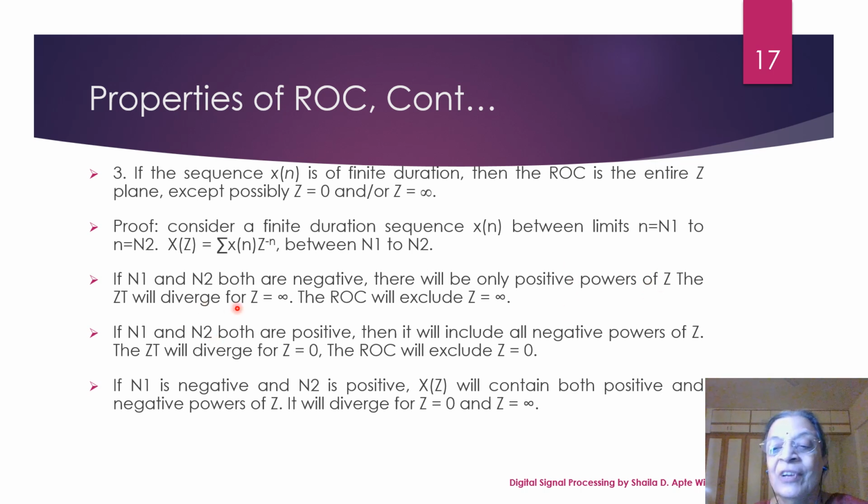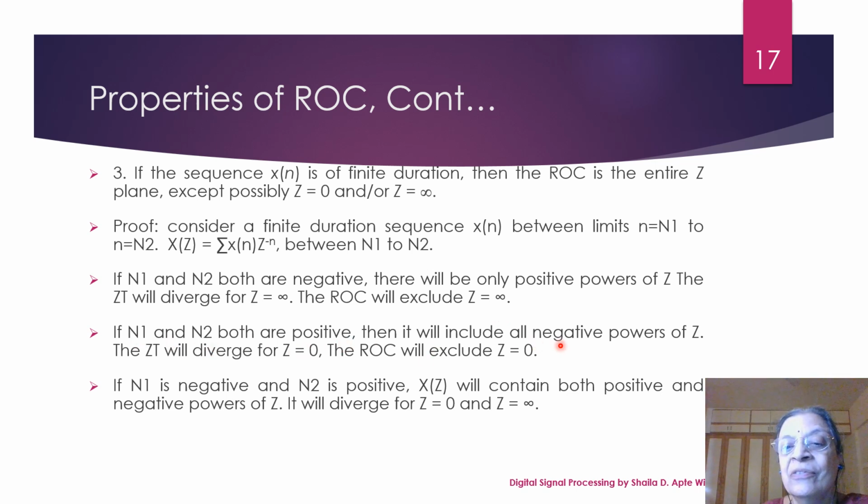The z transform will converge for finite values, but it will diverge at z equal to infinity because it contains all positive powers of z. So z raised to infinity will diverge obviously. So the ROC will not contain z equal to infinity. Now consider N1 and N2 both positive.